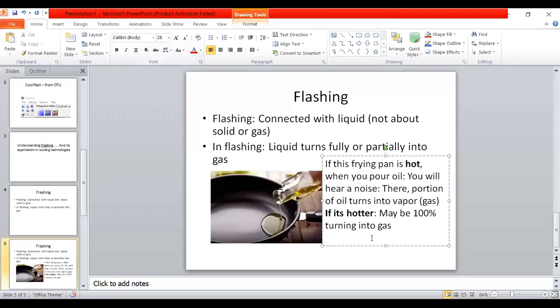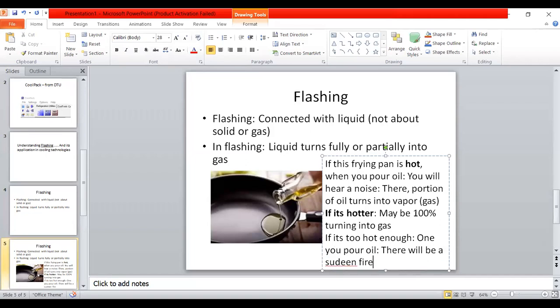Normally before flashing, you used to put the veggies or whatever to be fried. If it's too hot, once you pour oil, too hot enough, let's say, there will be a sudden fire.